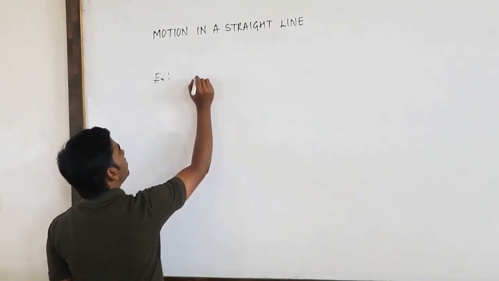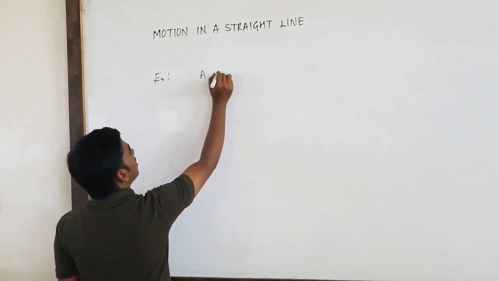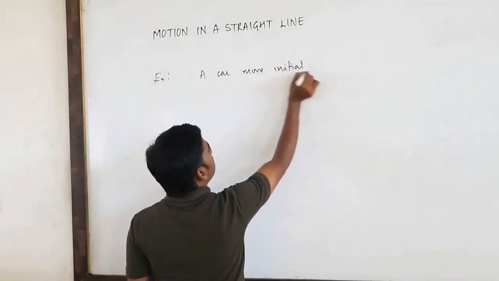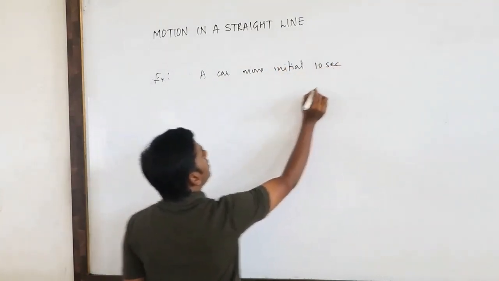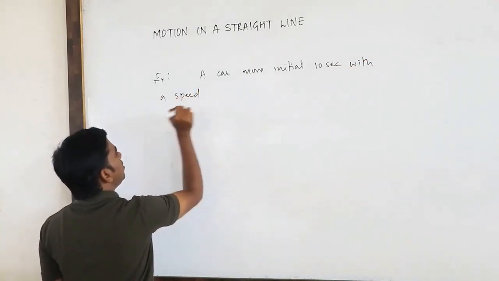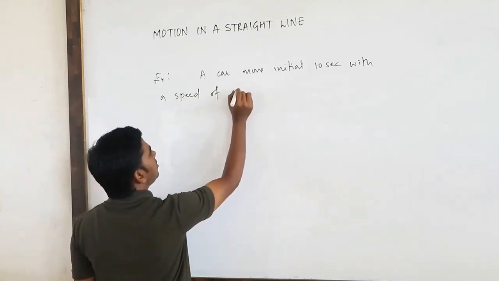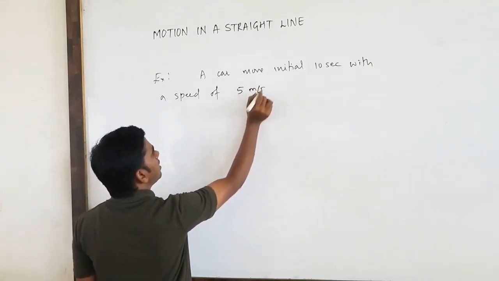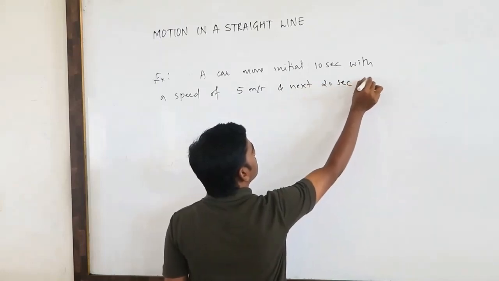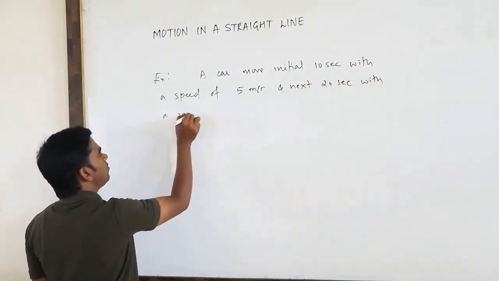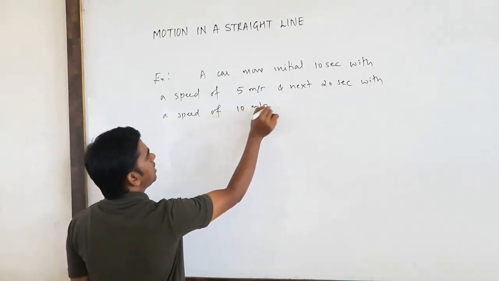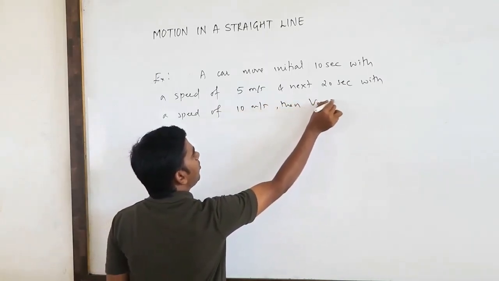So how we can write, if a car moves initial 10 seconds with a speed of say 5 meter per second, and next 20 seconds with a speed of say 10 meter per second, then what is the average velocity?